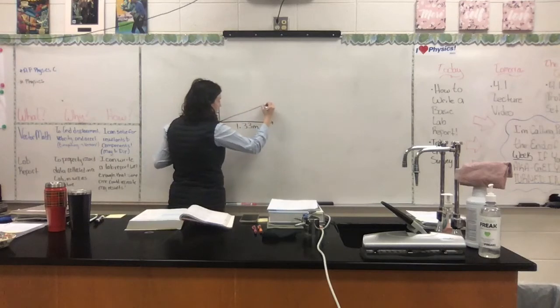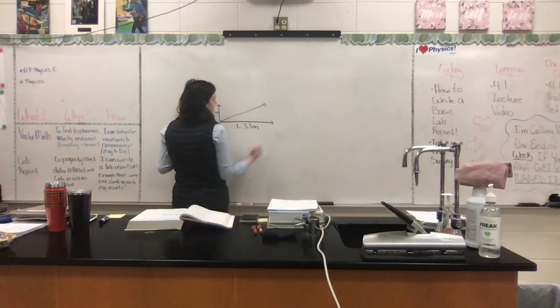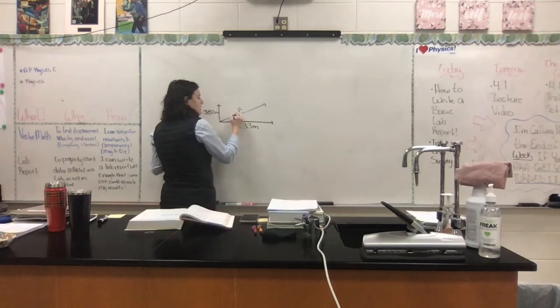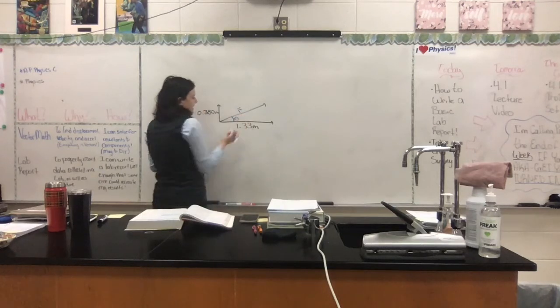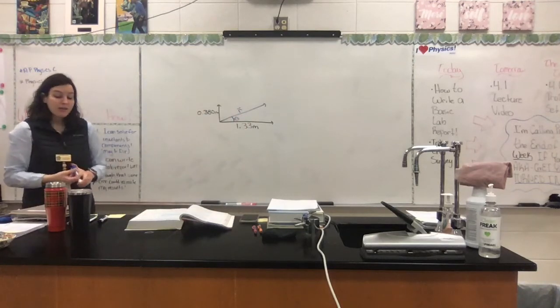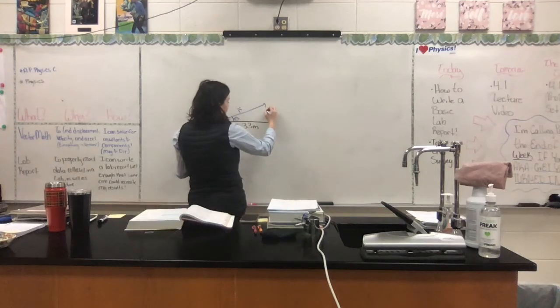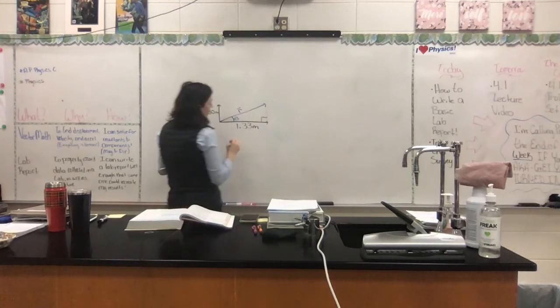What we want to find is the vector for this. We want to know what this quantity is. Let's call it, since it's a ramp, vector R, and we want to find this theta. So how do we go about doing that? Well, once again, we are in luck because this is going to make a right triangle, okay?